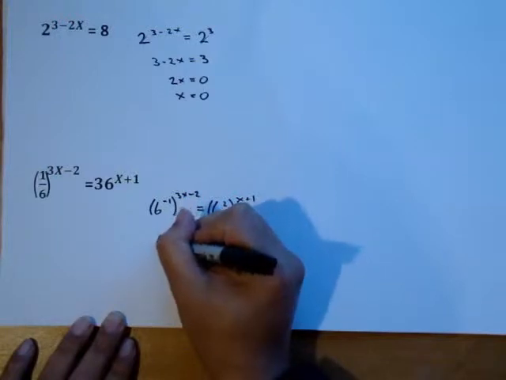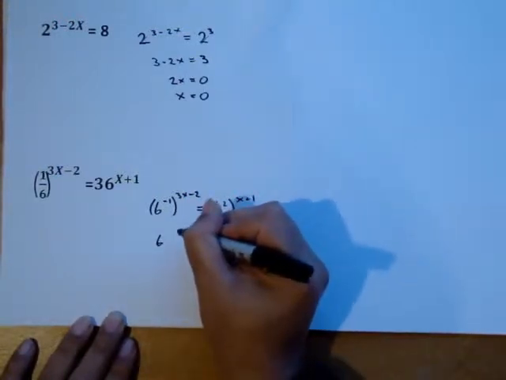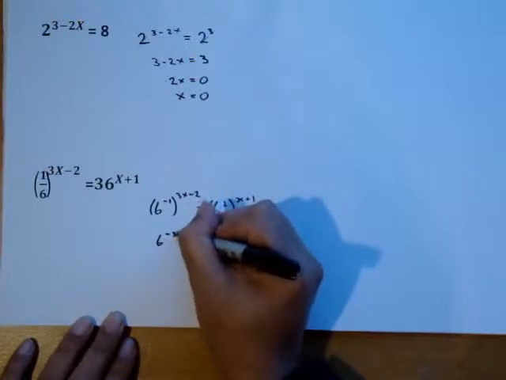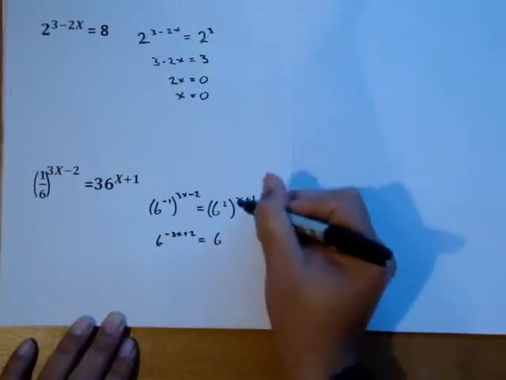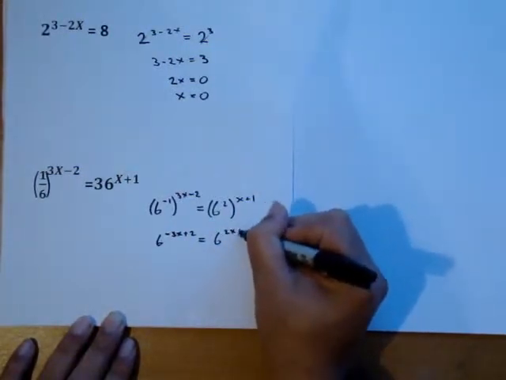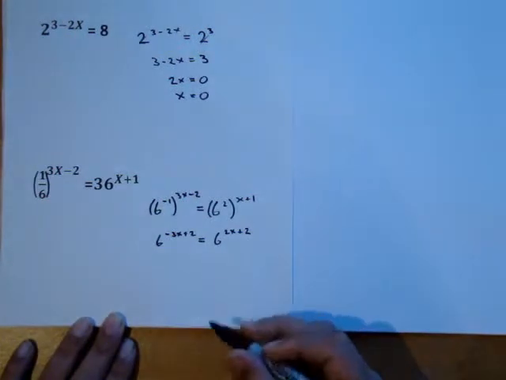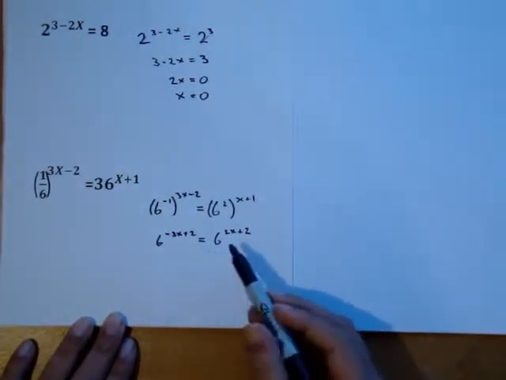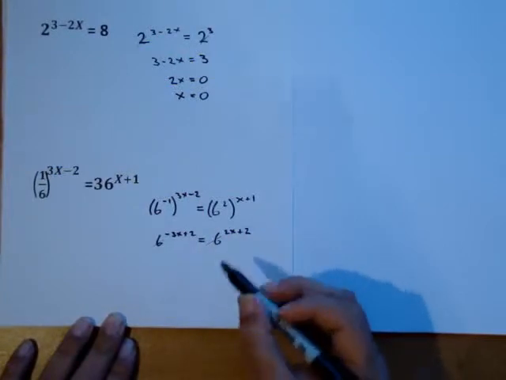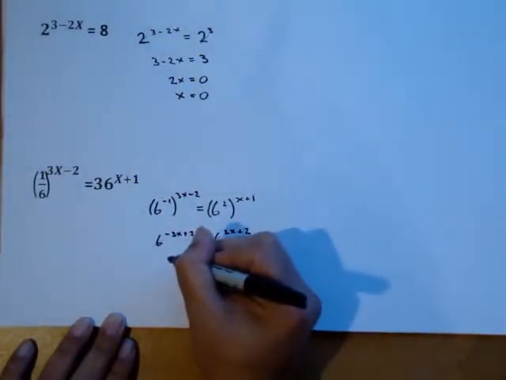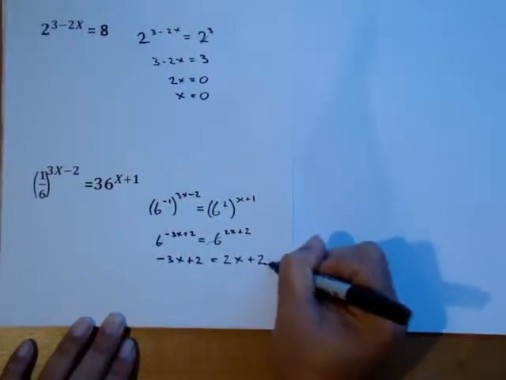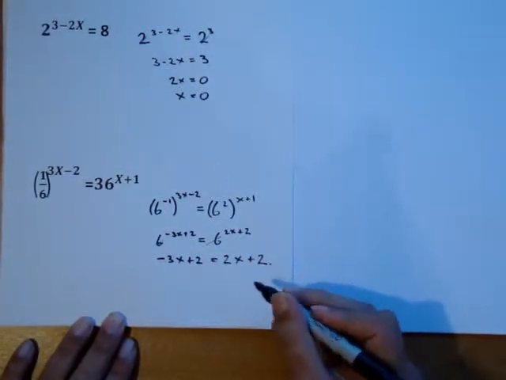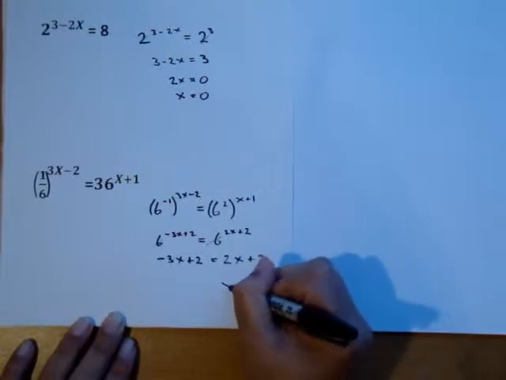So we get 6 to the minus 3x plus 2 equals 6 to the 2x plus 2. Now we've got the bases the same, so we can ignore those, and the powers are equivalent to each other. So minus 3x plus 2 equals 2x plus 2. So x is again 0.